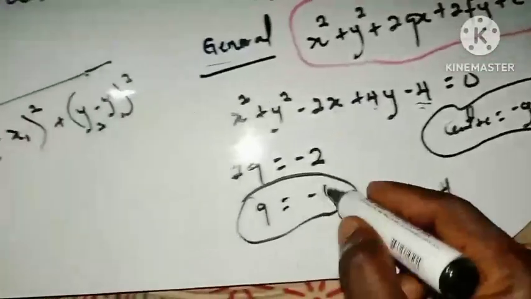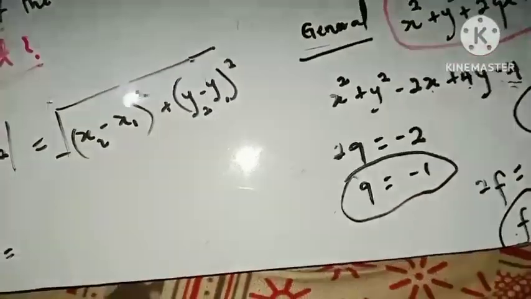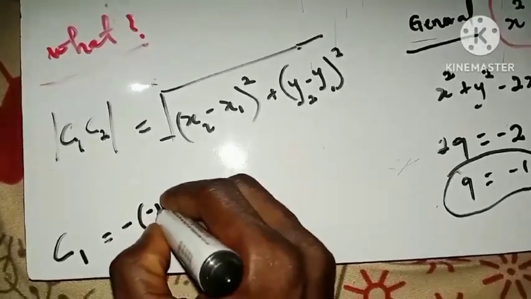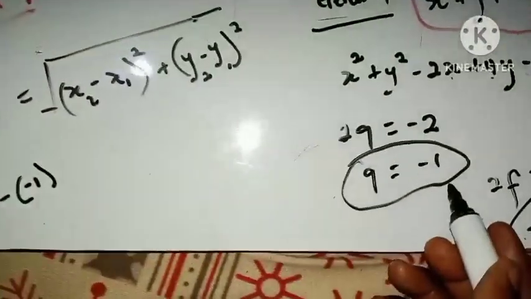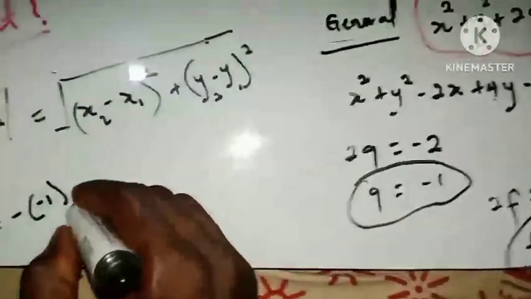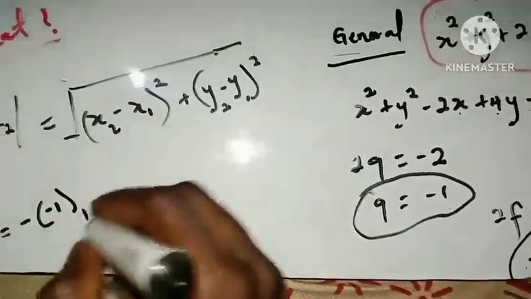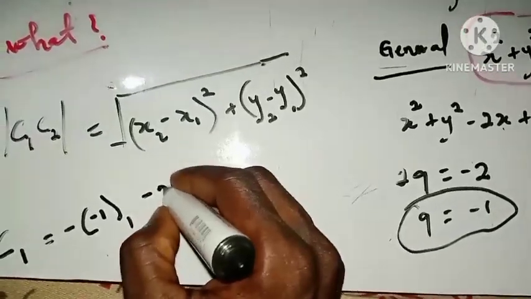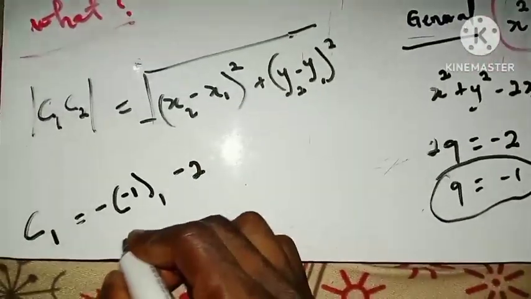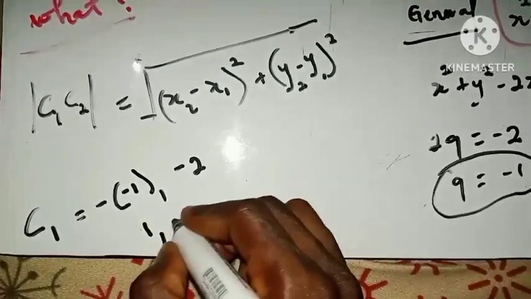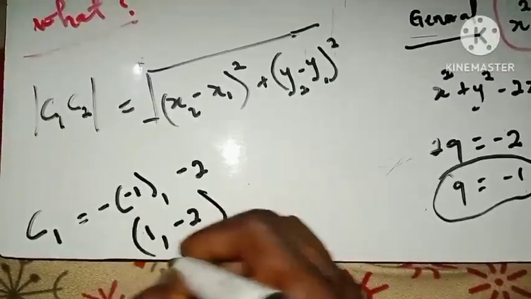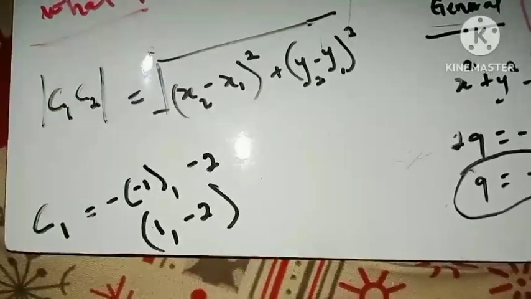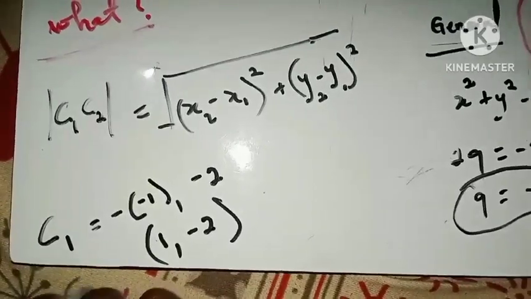So negating this one, we have negative of negative 1 because we have g to be negative 1, right? And then comma, we have f to be 2, so the definition is negative f. So here we are going to have 1 comma negative 2. Is that okay? So we have 1 comma negative 2 to be our first center.